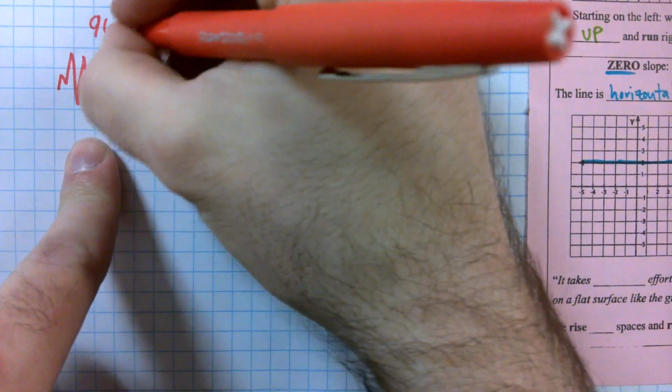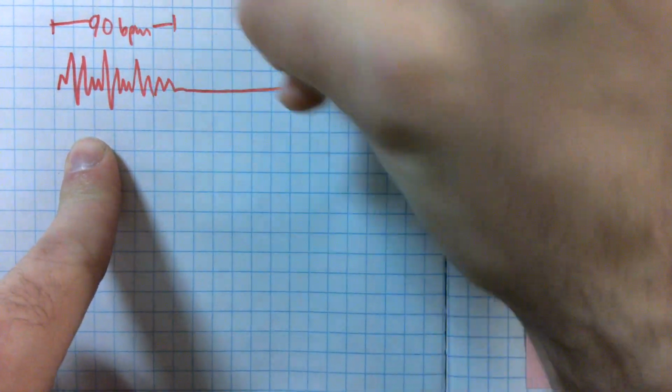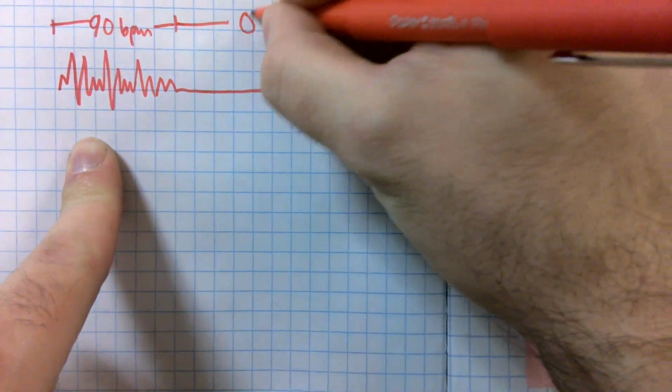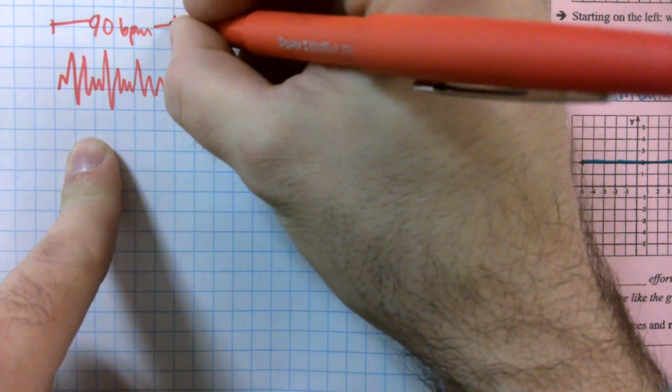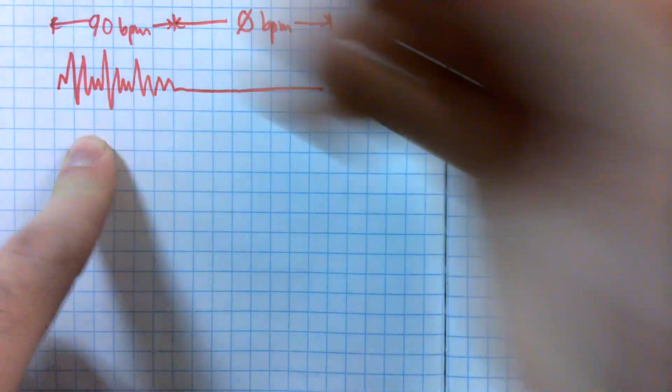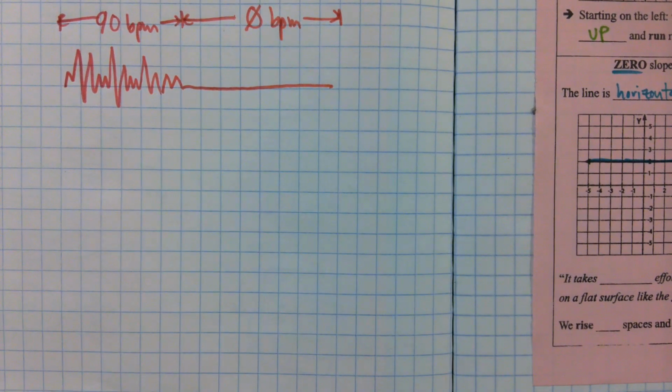So if this is 90 beats per minute, this would be 0 beats per minute. Right? So when you see a flat line, your brain should automatically think of the number 0.